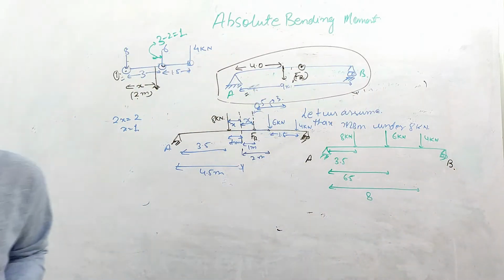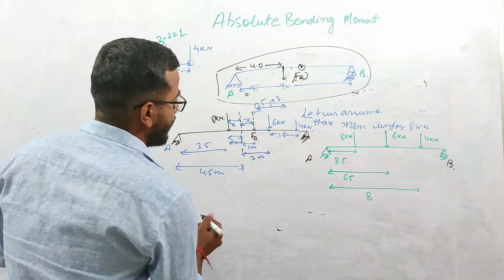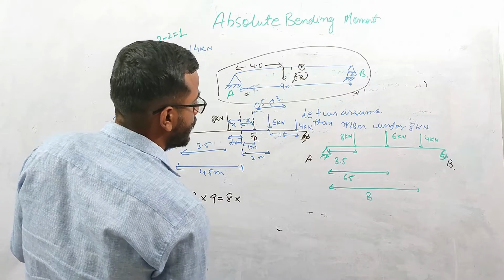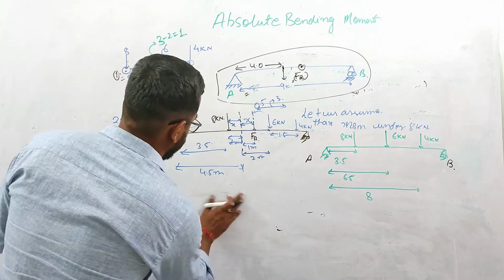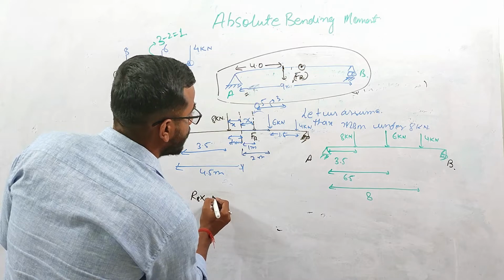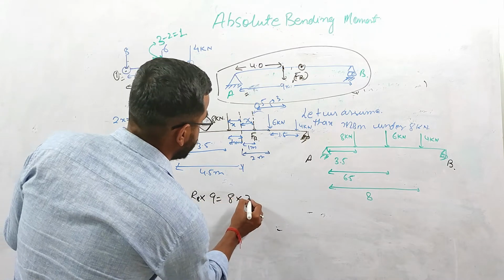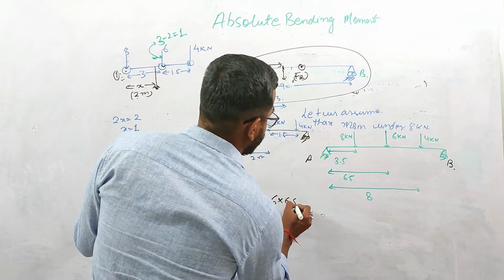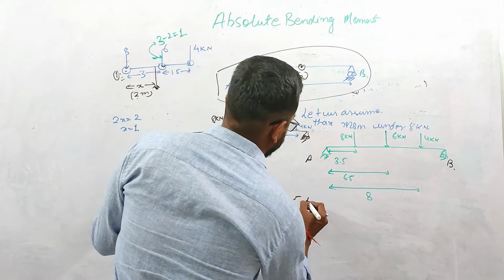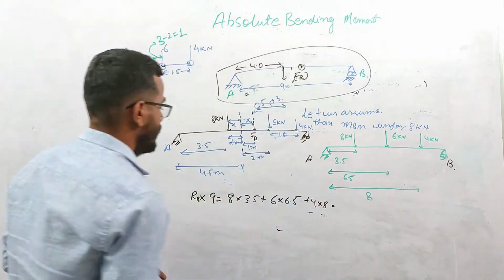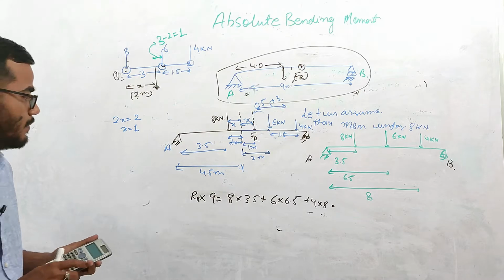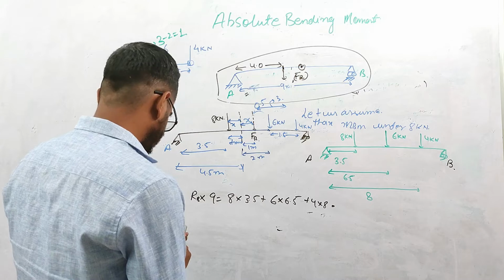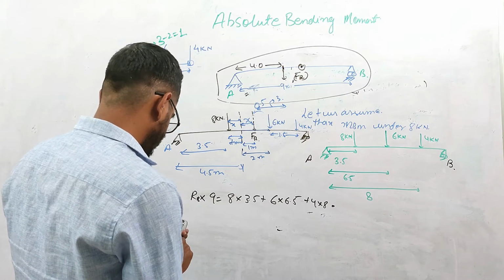Now we'll find the reactions RA and RB. I can write the equation RB into 9 equals 8 into 3.5 plus 6 into 6.5 plus 4 into 8.